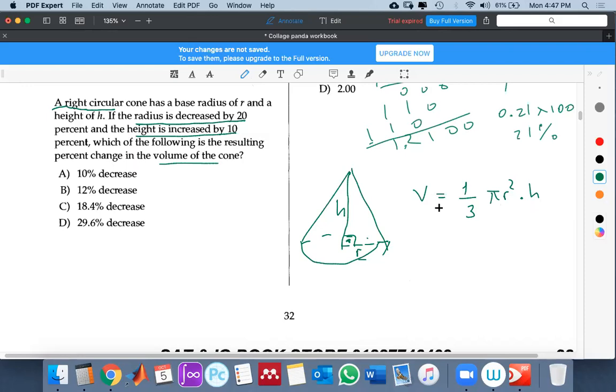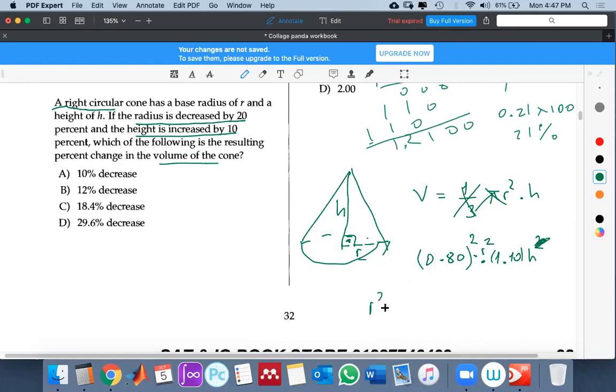So what are you changing? 1/3, forget about it. Pi, forget about it. So what makes sense? R and H. So what is the new R? Decrease by 20%, so 0.80, squared, times H's 10% increase, so 1.10 H. Not squared, just 10%.